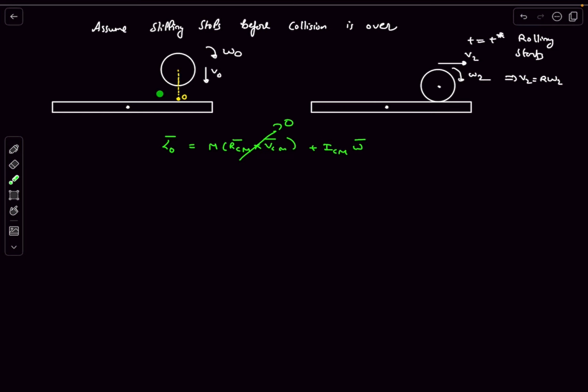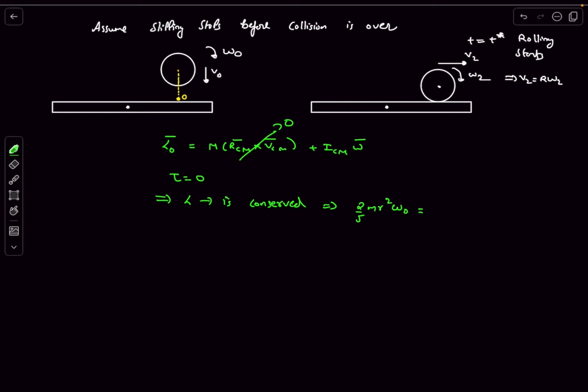Another advantage of choosing this point O is that while the collision is still happening, the normal reaction force and the friction force are passing through the point O, right? So the net torque acting on the ball while the collision is happening is 0, and we can simply say the angular momentum is conserved. The initial angular momentum is simply ICM omega, so that will be 2 by 5 m r squared omega naught.